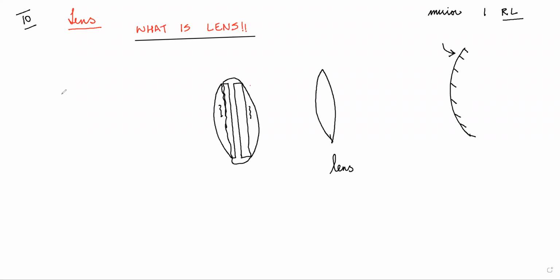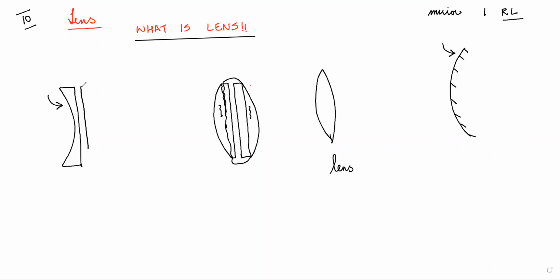Similarly, students, we get the concave lens. This is a concave lens, right? Normally in a concave mirror, this is the reflecting surface and this surface is painted, but we don't paint it.